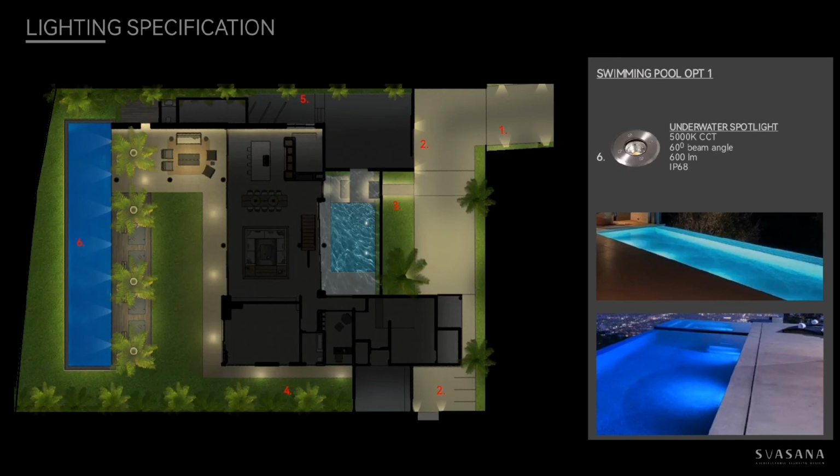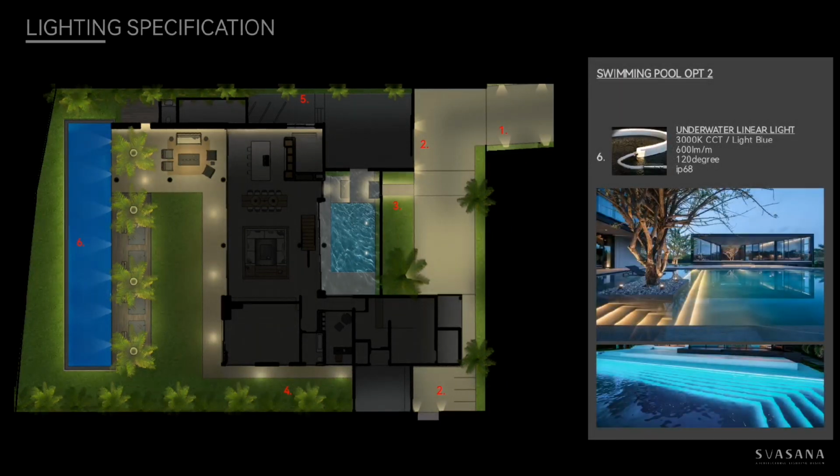Okay, and then number 6 for the pool, we use this underwater spotlight to highlight the general pool. Of course, there are steps in the pool. We also need to highlight them with a smaller spotlight there. Or we have an option with linear lighting. So instead of using the spotlight, we use linear lighting for your pool, with a warm color or maybe light blue color like this one.